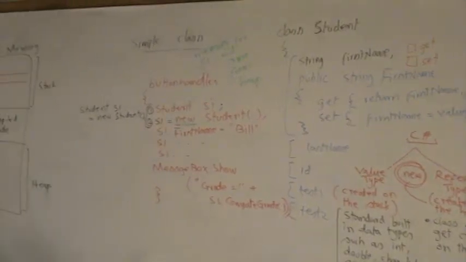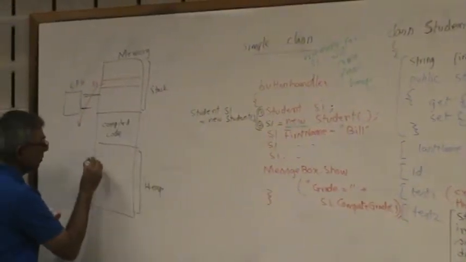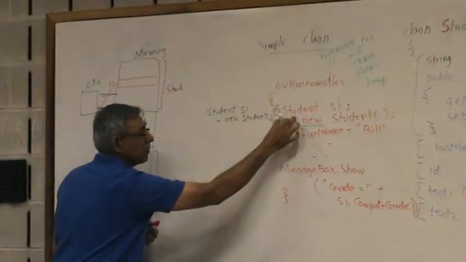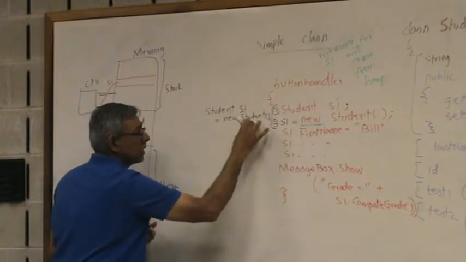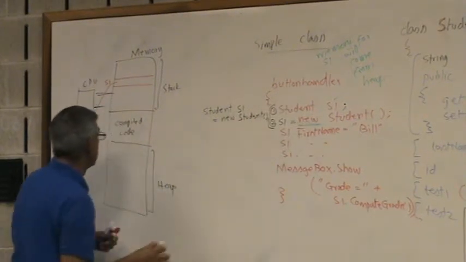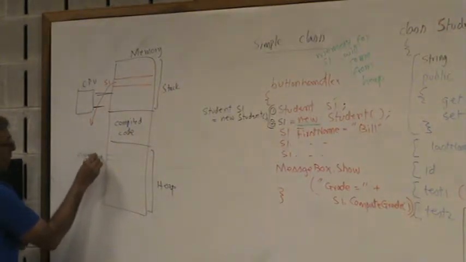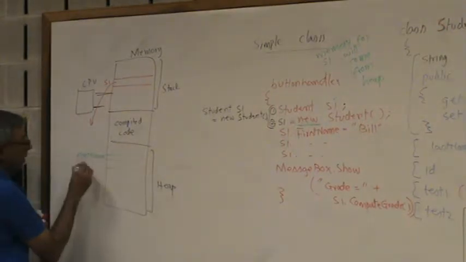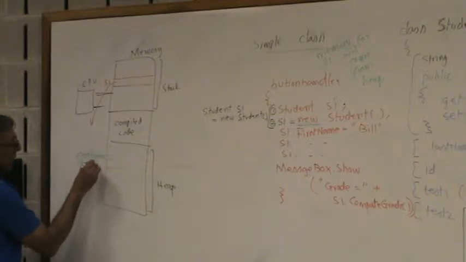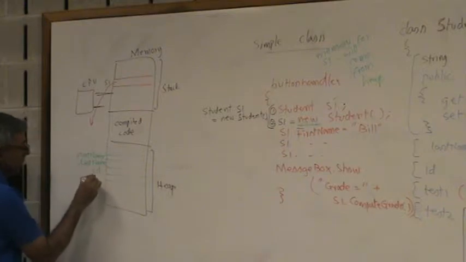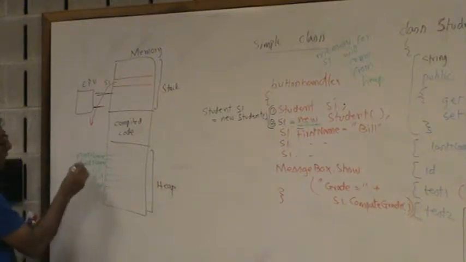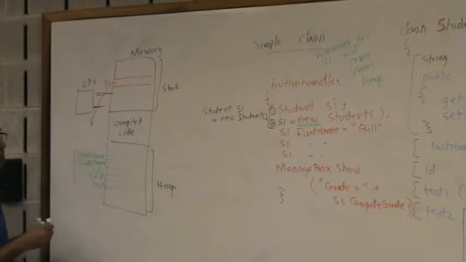So the main point is the computer will allocate, as soon as it executes this statement or this statement, it doesn't matter, both mean the same thing, memory for firstName with a lowercase f, then lastName with a lowercase l, then ID, then test1, then test2. Because those are the 5 fields we need for one student.